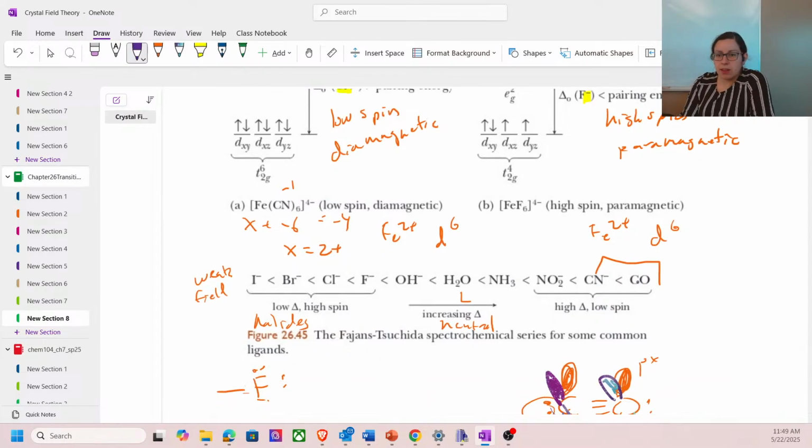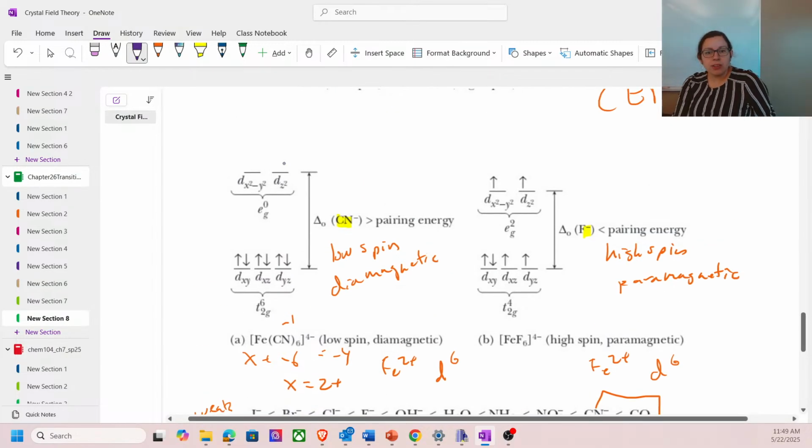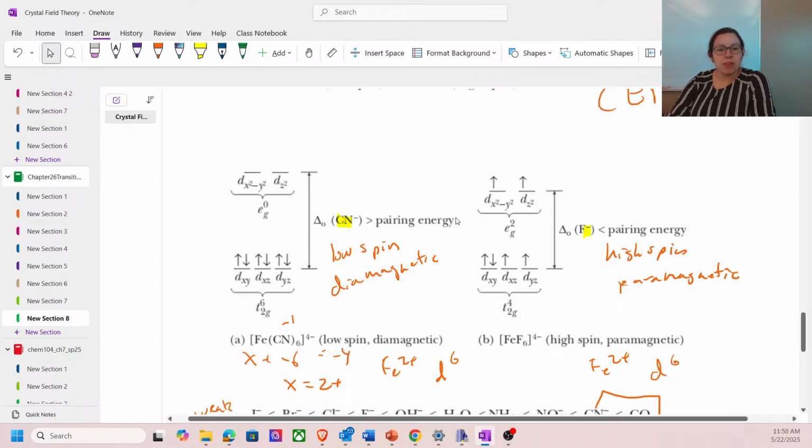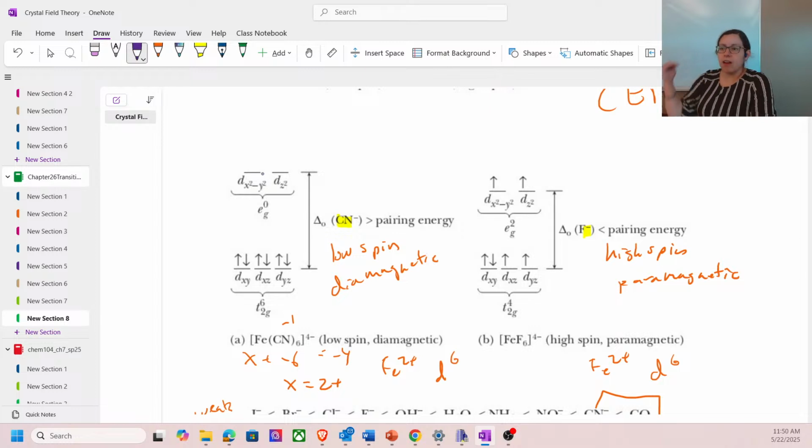Because it can back bond, now it's really bonding, and that's going to send this even higher in energy. If it's a better back bonder, then our anti-bonding are higher, and it's kind of hard to think about sometimes, but that's why these are pushed higher in energy, because we have favorable back bonding.